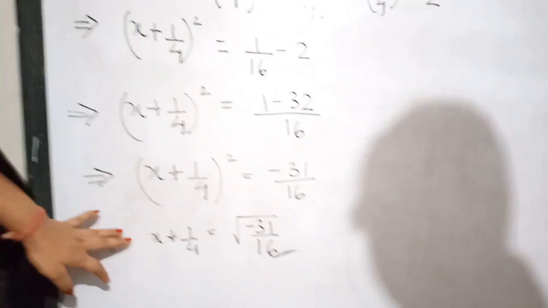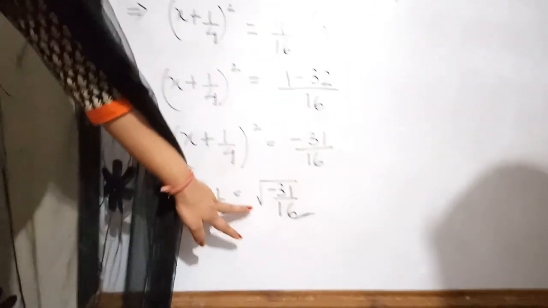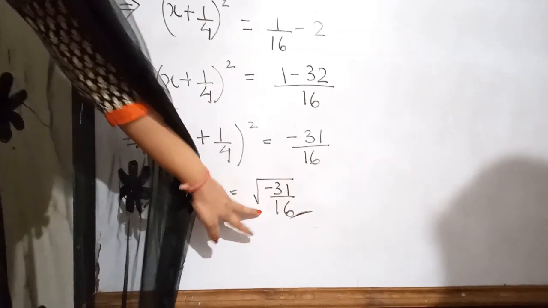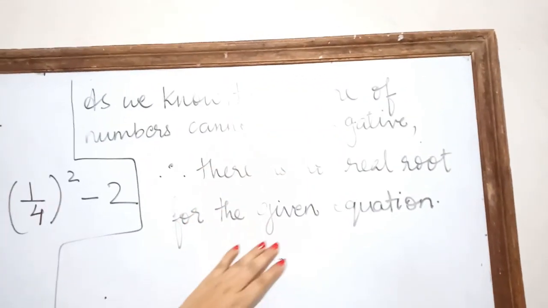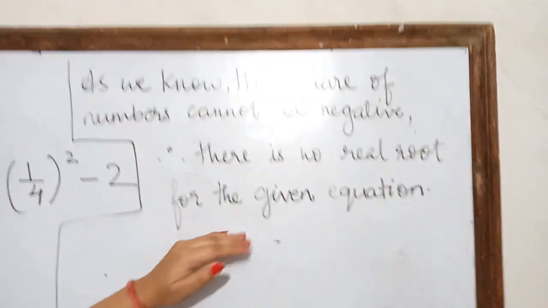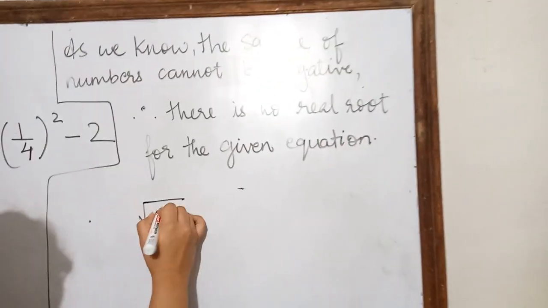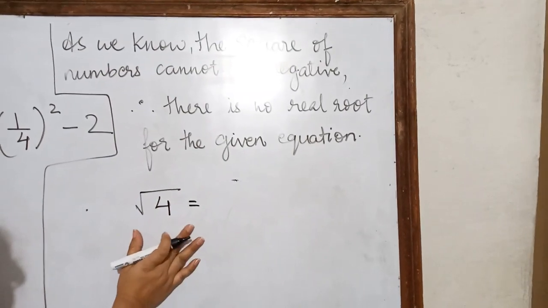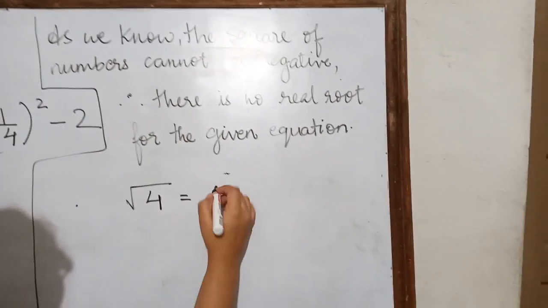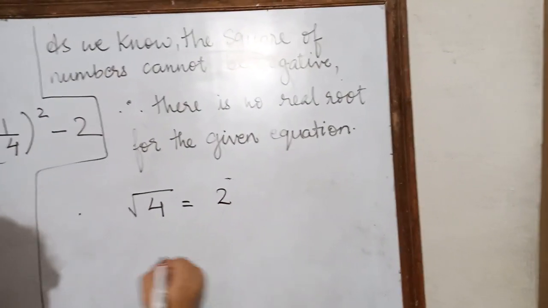Now children, as we know, x plus 1 by 4 equals to root of minus 31 upon 16. We know that the square of numbers cannot be negative. Therefore there is no real root for the given equation. For example, if I ask you to find the square root of 4, you will say, ma'am, the square root of 4 is 2, isn't it?